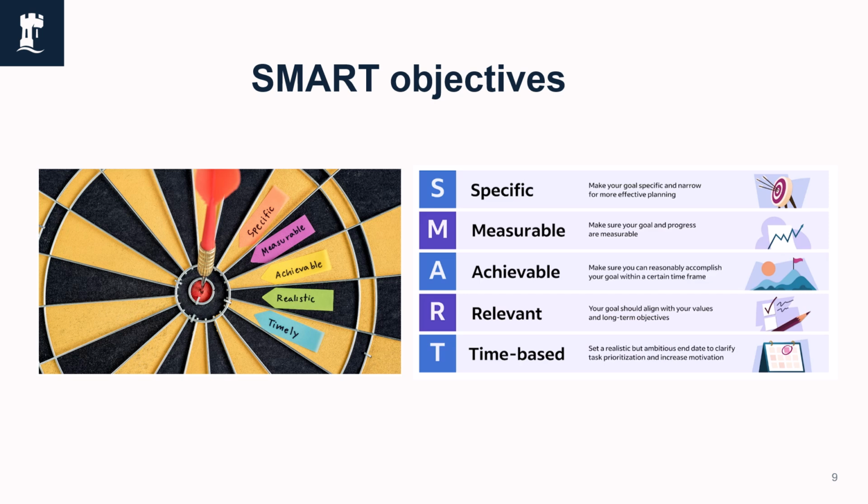And in my mind, something which is timely and something which is time-based are quite different things. If you look at how time-based is explained on the right, it's about setting something which is realistic within the available time frame. But actually, to me, that's something which is about setting an objective which is achievable, but we've already got achievable as the A.